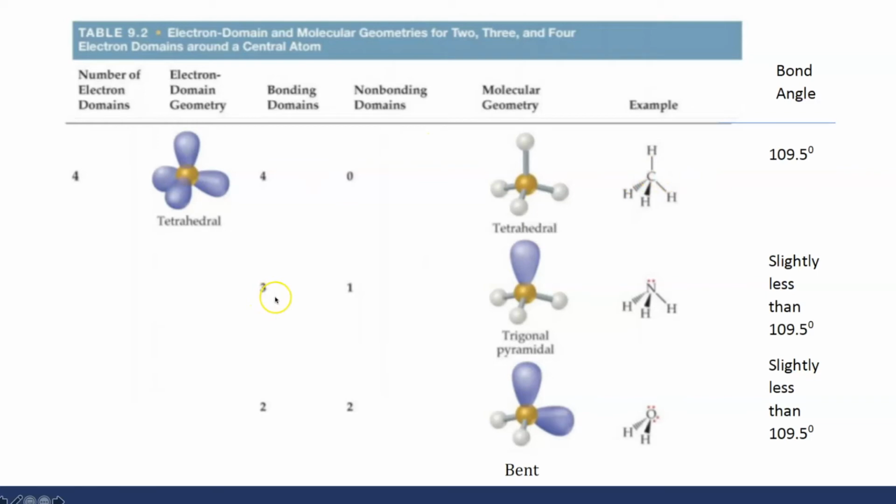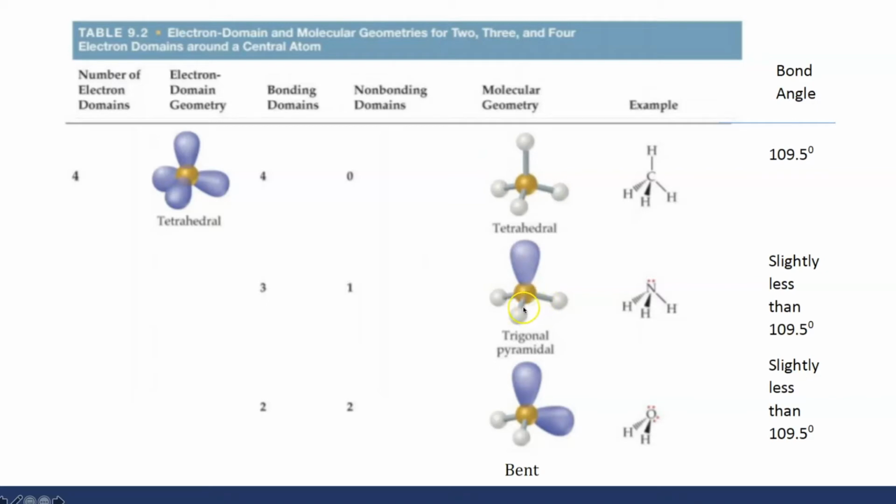We can also have a situation where we have three bonding domains and one non-bonding domain. And it's going to be really similar, but remember that non-bonding domain, it takes up a little bit more space. So now these other bonding domains are going to squish a little bit closer to each other. You can think of that as like an umbrella that's blown the wrong way, right?